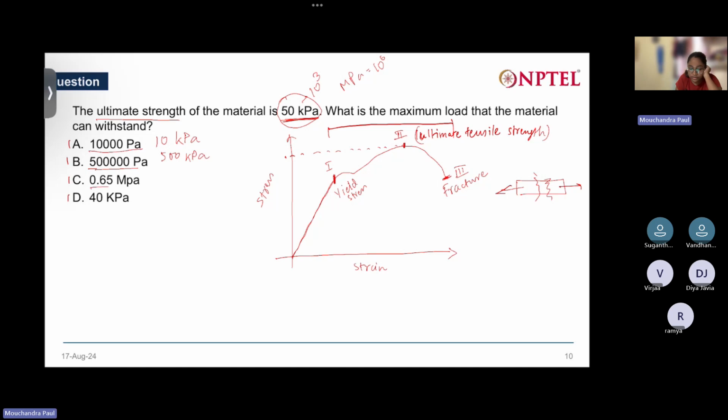This is in megapascals. So if we were to convert to kilopascal, then it will be 650 kilopascal. This is already in pascals. So what is the maximum load then the material can withstand?